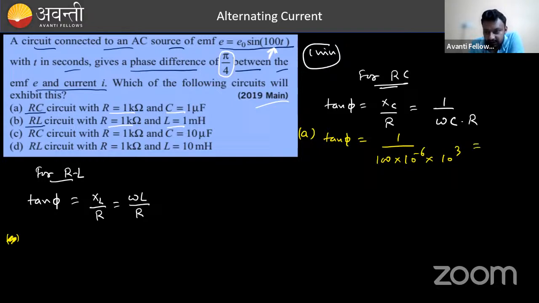Can you see 3, 2, 5, so minus 1 power is remaining. So that comes out to be 10. So tan phi is 10. That is not our answer. Tan phi should be 1.